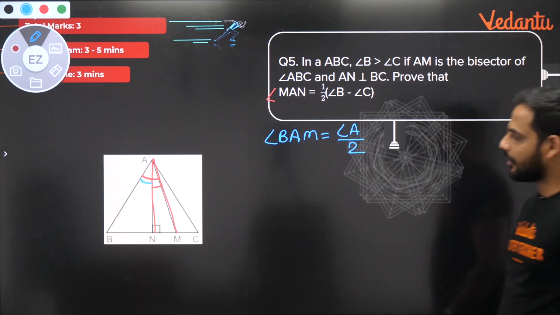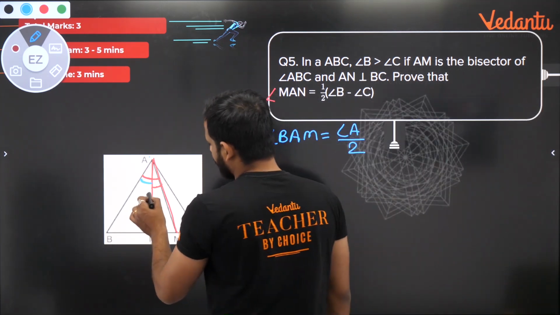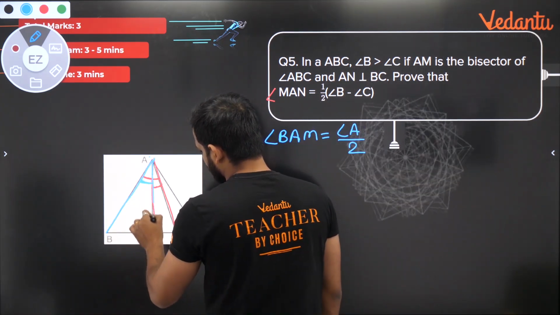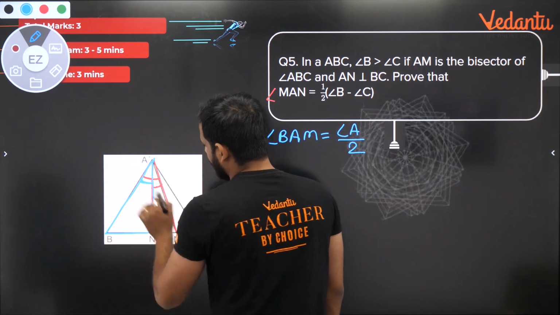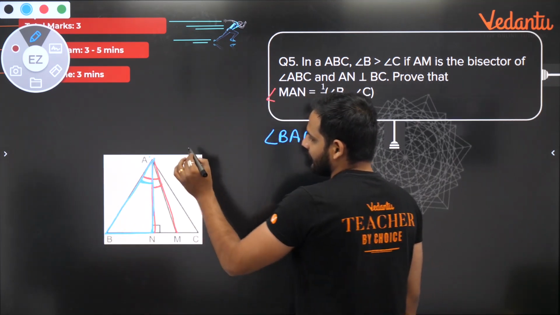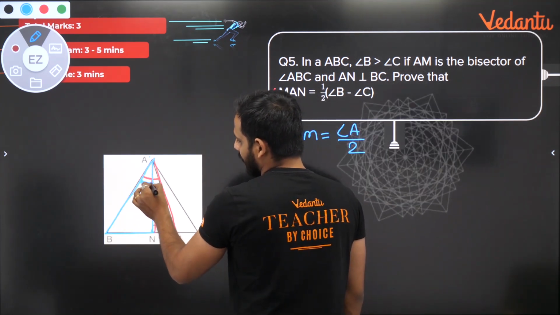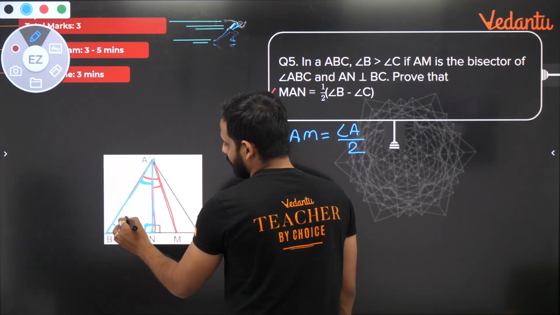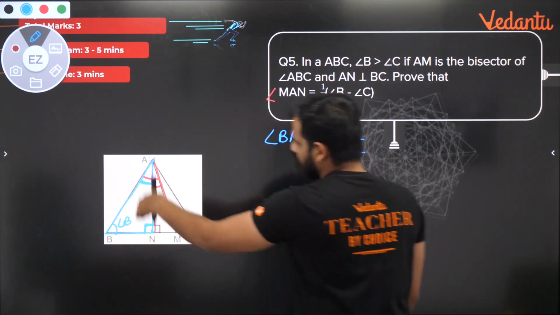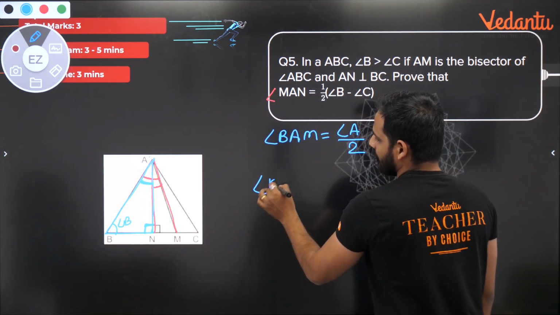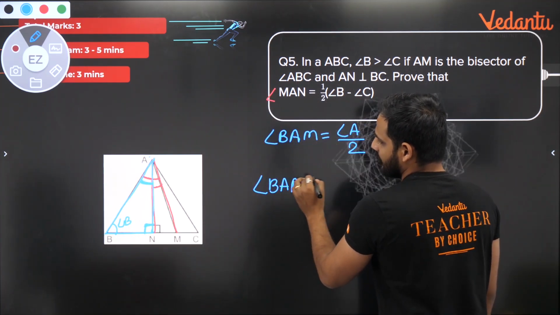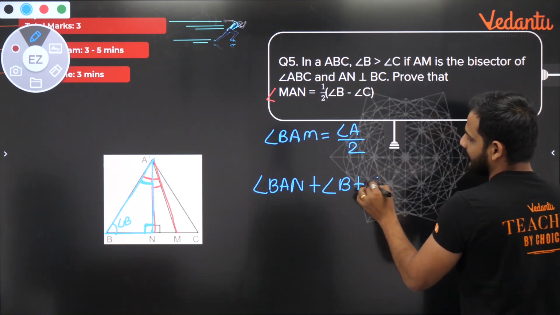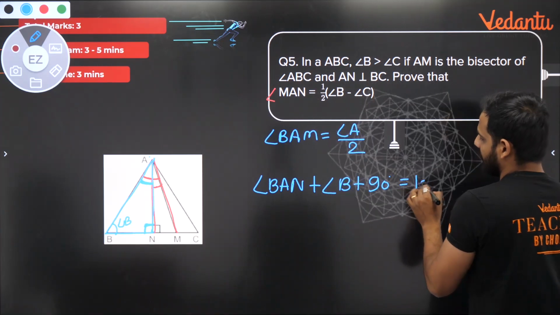Now let's talk about this angle, only this angle. In triangle ABN, this angle is 90 degree, and this is angle B. So angle BAN plus angle B plus 90 degree should be equal to 180 degree, as we know.